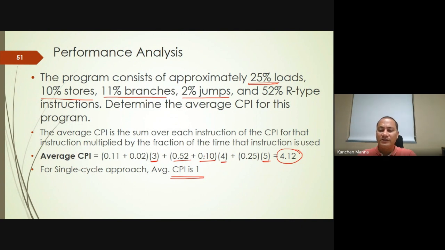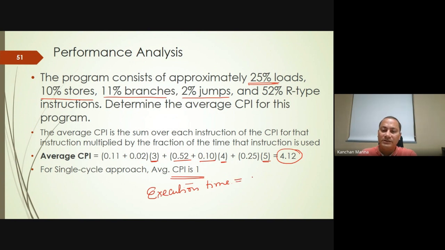Now after this, this is the CPI. And if you remember the performance calculation formula, the execution time: this is a general purpose processor, we want to execute the program and find out its execution time.